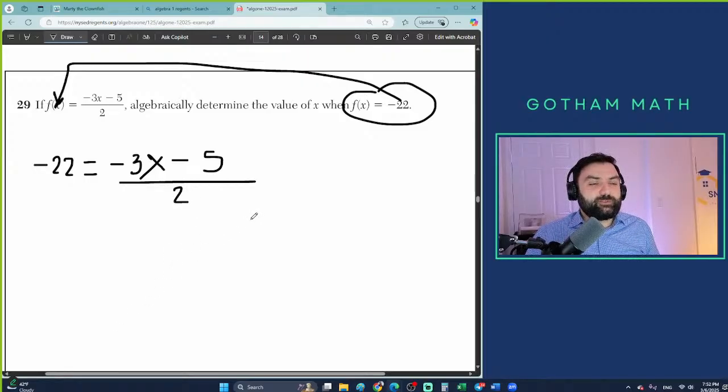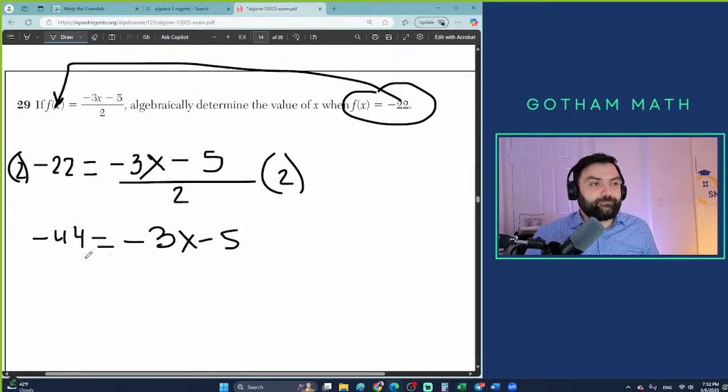Step 1 to solve that would be multiply both sides by 2 to get rid of the fraction. So it's going to be negative 44 equals -3x - 5. Step 2 is to add 5 to both sides.